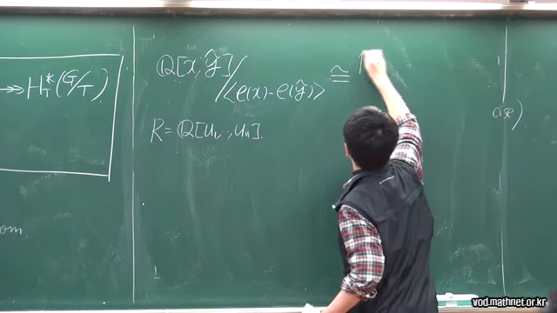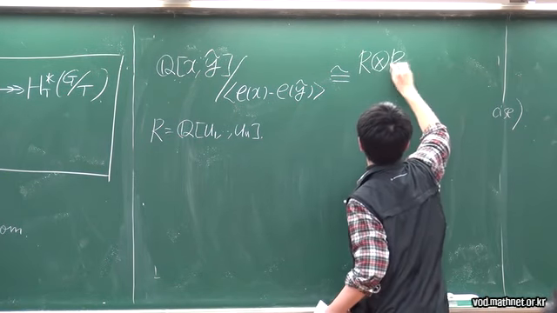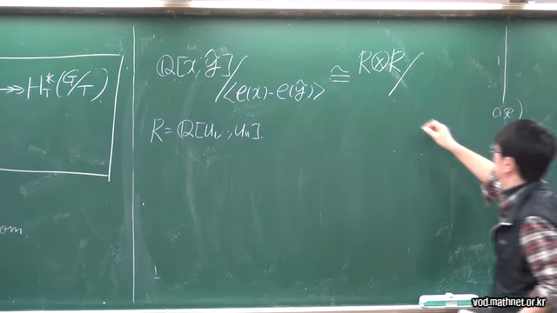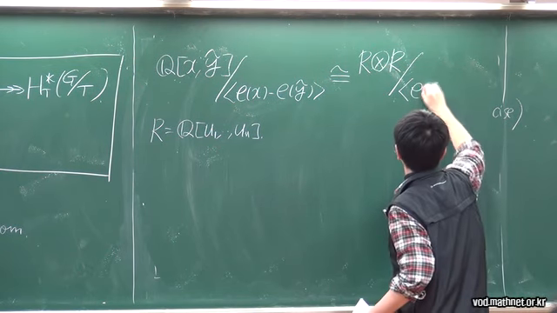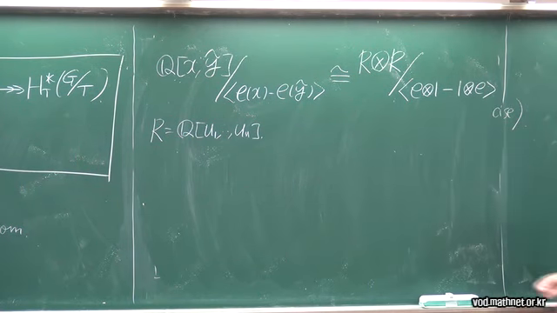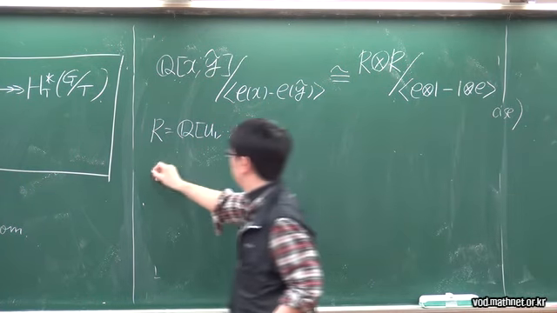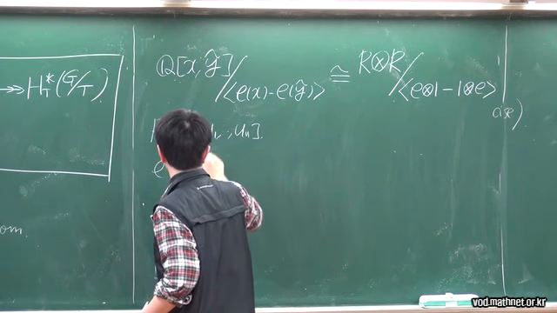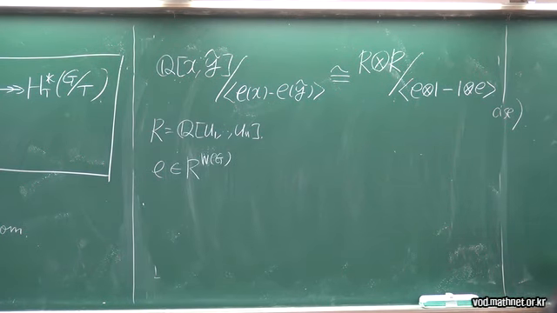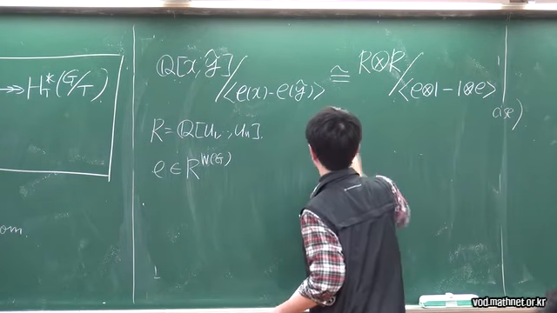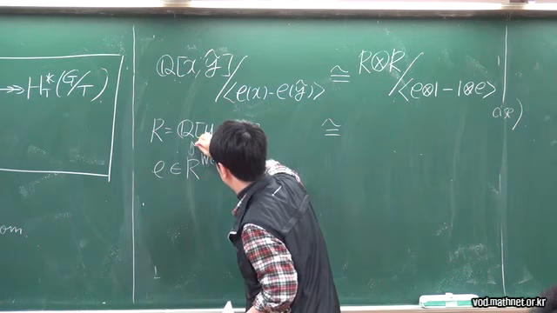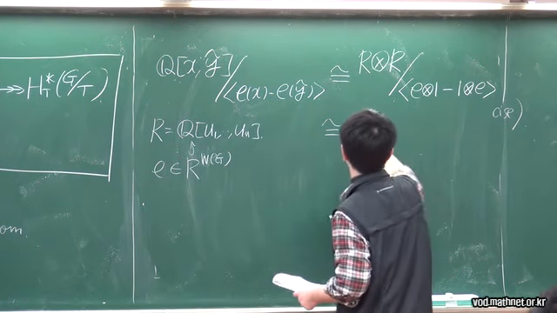So now there is this kind of tensor. And this relation in this tensor may be regarded as this kind of relation, tensor 1 minus 1 tensor E. Okay? And this E is a Weyl group invariant part.